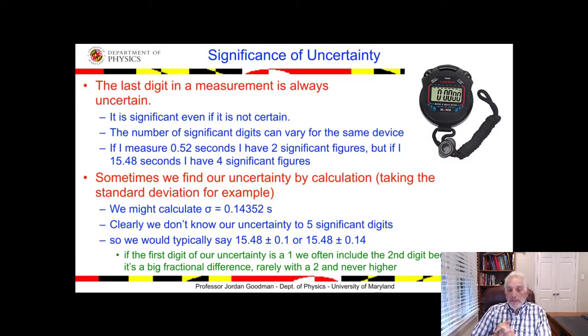If the first digit of our uncertainty is a 1, we often include the second digit because it's a big fractional difference. The difference between 0.1 and 0.14 is 40%. So if we know our uncertainty a little better than 1, we might include it. But if our number was, let's say, 2, then the 0.4 would only be 20%, and we wouldn't bother to include it.